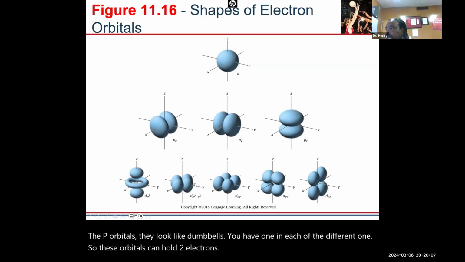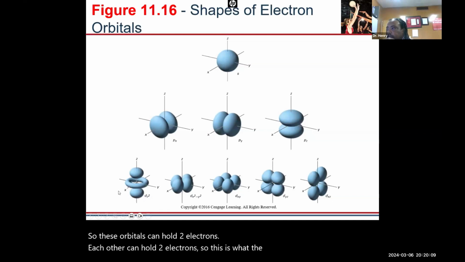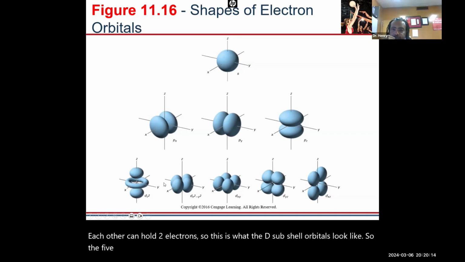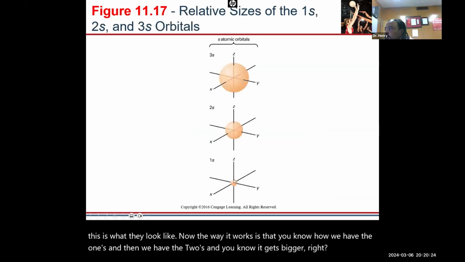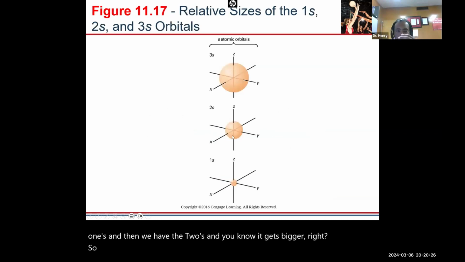So this is what the d subshell orbitals look like. The 5 orbitals, this is what they look like. Now, we have the 1s and then the 2s, and it gets bigger, right? The s subshells are going to fit within each other.